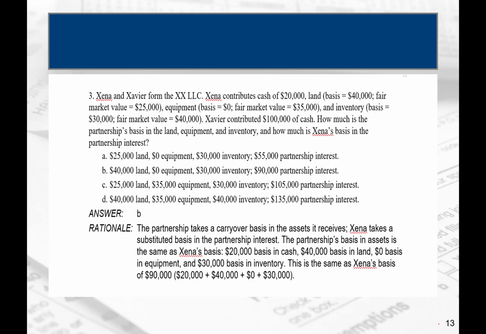Of course, the fair value and basis of cash are identical. So it's the $20,000 cash. It's the $40,000 basis in the land. It's the $0 basis in equipment and the $30,000 basis in the inventory. All of that transfers into what? Her $90,000 outside basis in the partnership, right?